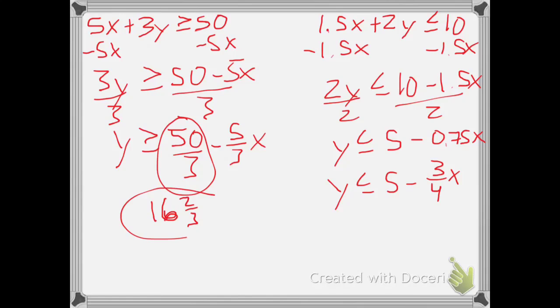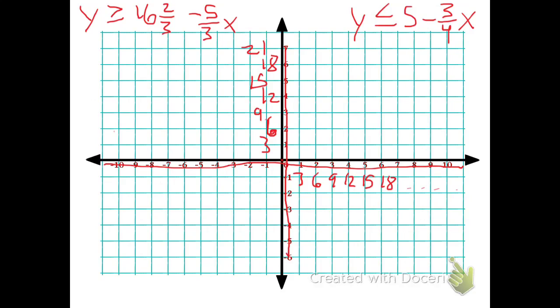And your graph has to be large enough so you can do 16 2/3. So let's get a graph going. Okay, and now we got a coordinate plane, and I have changed the scale on it because I need to get up to 16 2/3. So you need to change the scale so you can get up to 16 rather than counting by 1s. I counted by 3s.